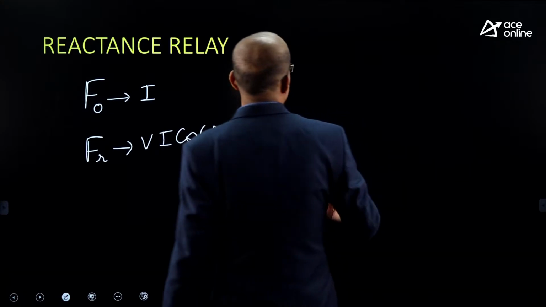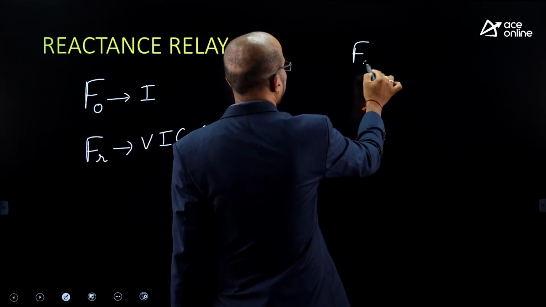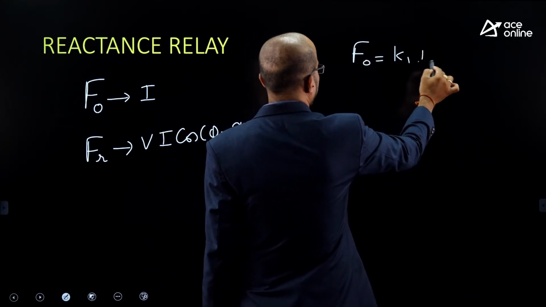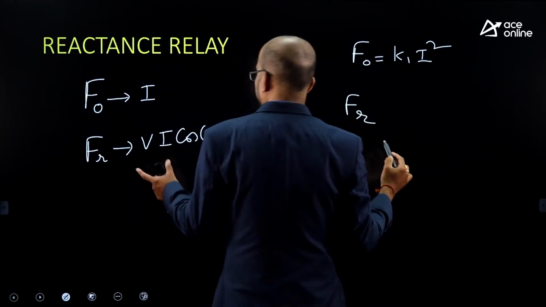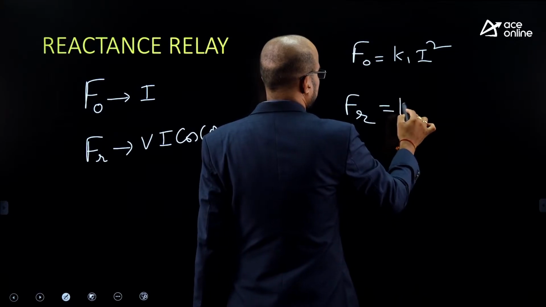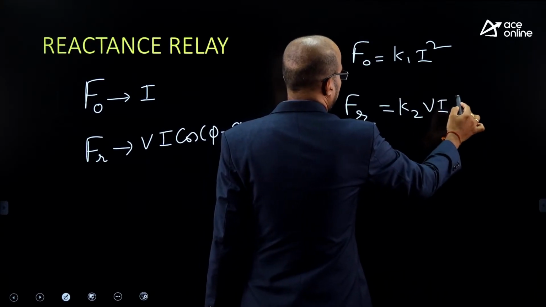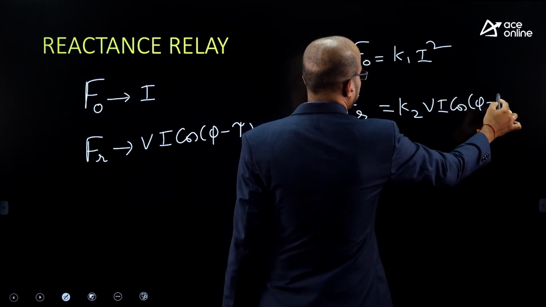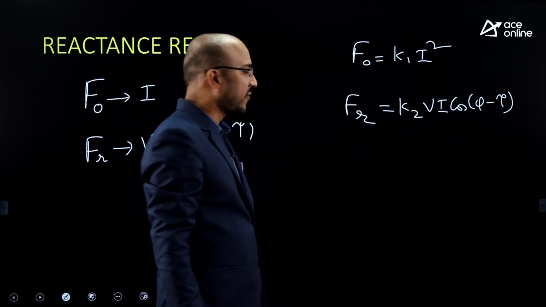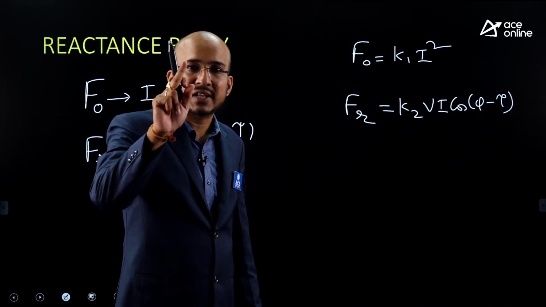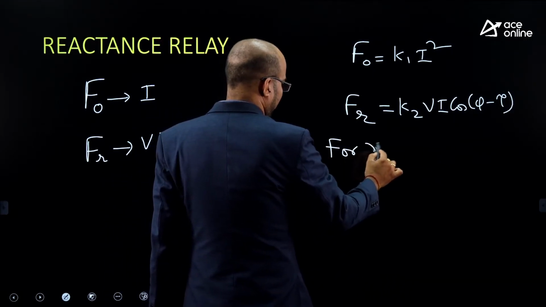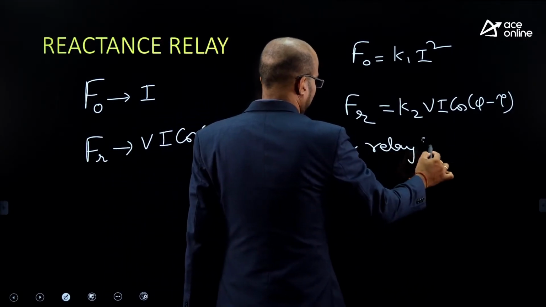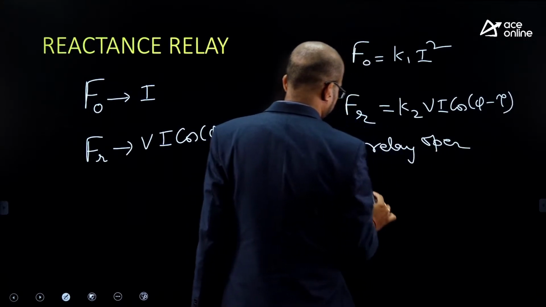As the operating force is due to current, we can write F naught is equal to K1 I square, and the restraining force is due to the directional element, which we can write as K2 Vi cos of phi minus tau. For relay operation, what condition must be satisfied?